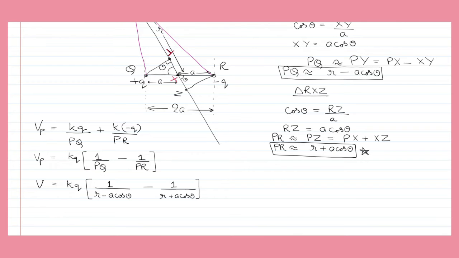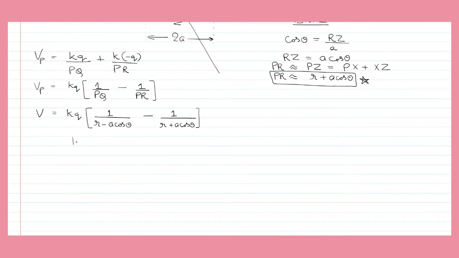We have to solve it completely. This will be kq, and then we'll get r plus a cos theta minus r minus a cos theta, divided by r square minus a square cos square theta.